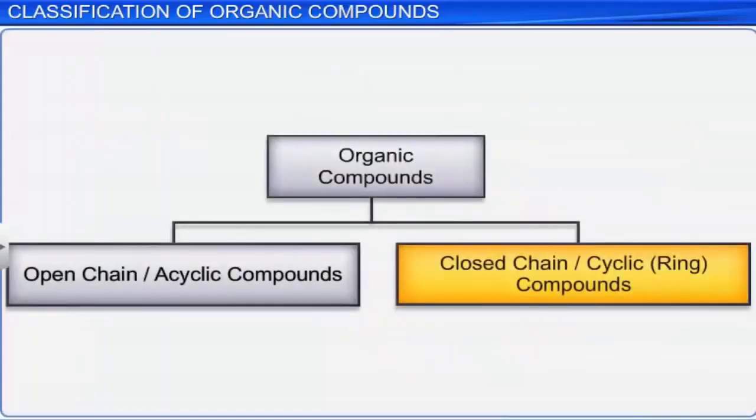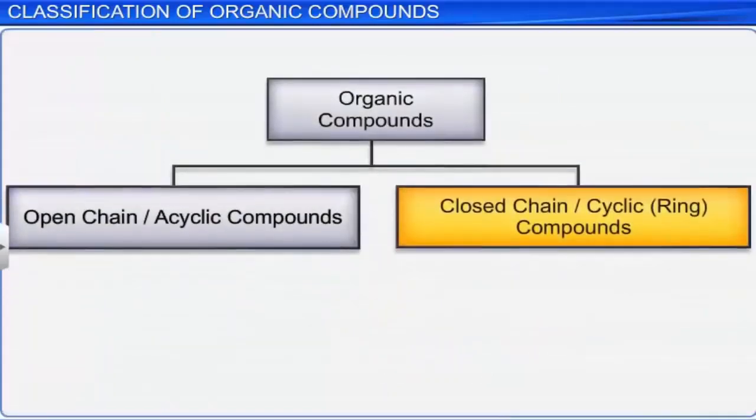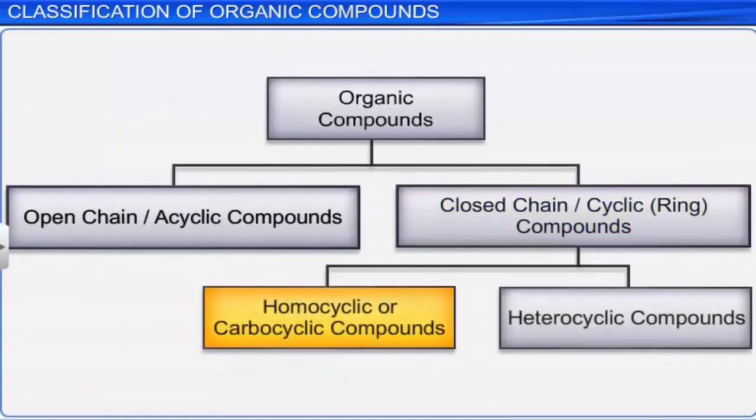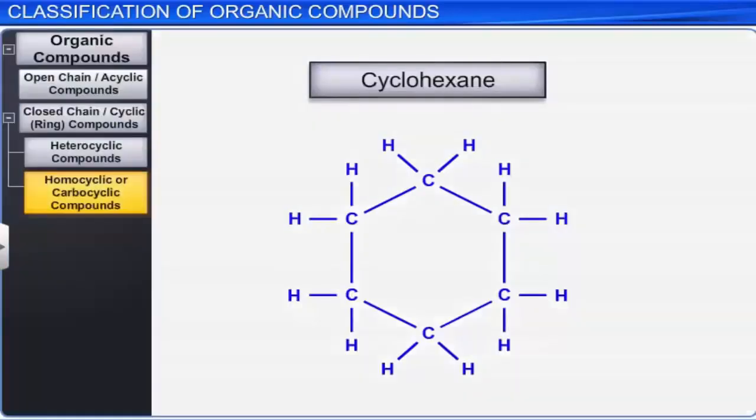Cyclic compounds can be further classified as homocyclic or carbocyclic compounds and heterocyclic compounds. The word homo means same. Thus, homocyclic or carbocyclic compounds are those in which the ring consists of only carbon atoms.